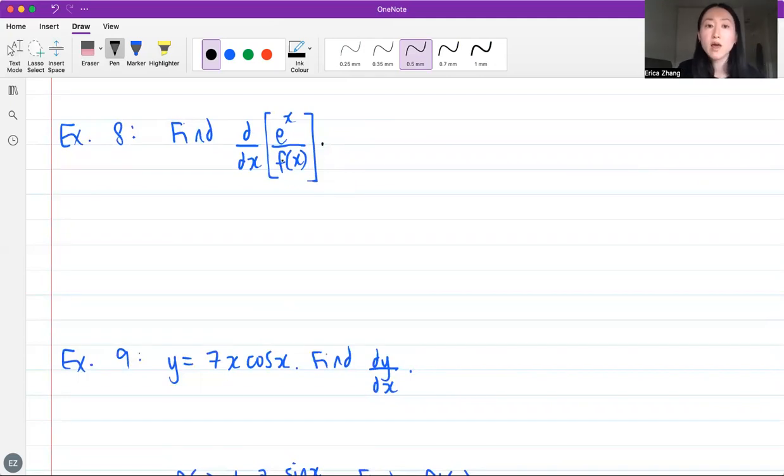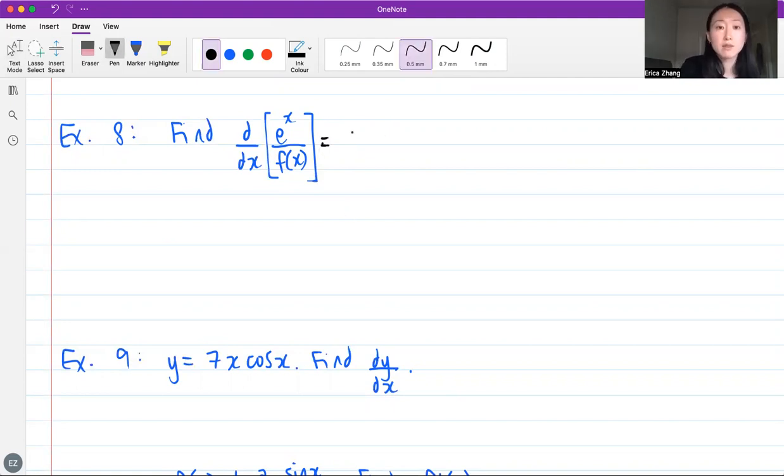So we're given f of x without being told explicitly what that function looks like. But we can still figure out how to differentiate this expression using the product rule. So we have not touched the quotient rule yet.